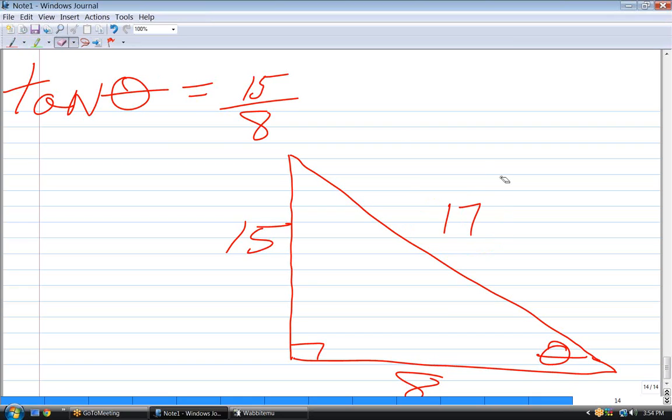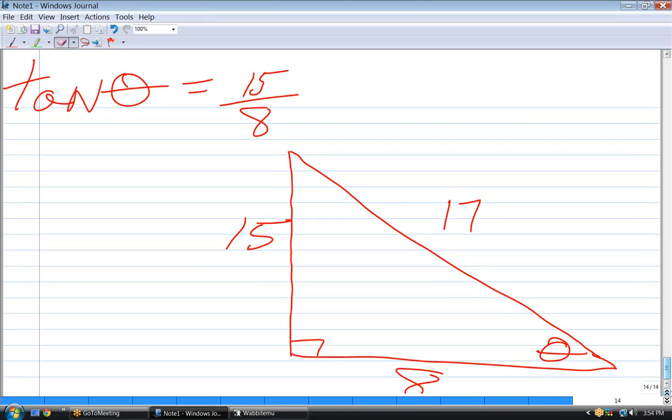This is a perfect Pythagorean triple. This is like the third smallest. You have 3, 4, 5. You have 5, 12, 13. And this is the next one up, 8, 15, 17.